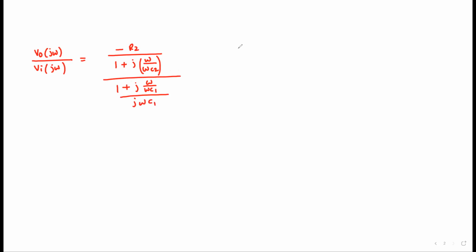So we define here omega C2 is 1 over R2 C2 and omega C1 is 1 over R1 C1. So that's how this configuration looks.